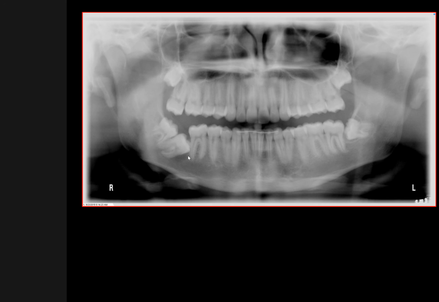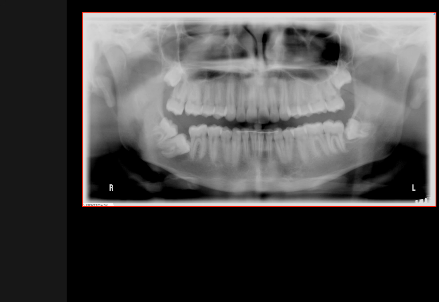And we see this radiolucency that appears to be just below the crown of that tooth. Based on that, we can make some differential diagnosis. But the reason I'm showing you this case today is we have not only the cone beam CT scan of the patient, but I also have a definitive diagnosis. We have the result from our pathologist, and we know what this is.